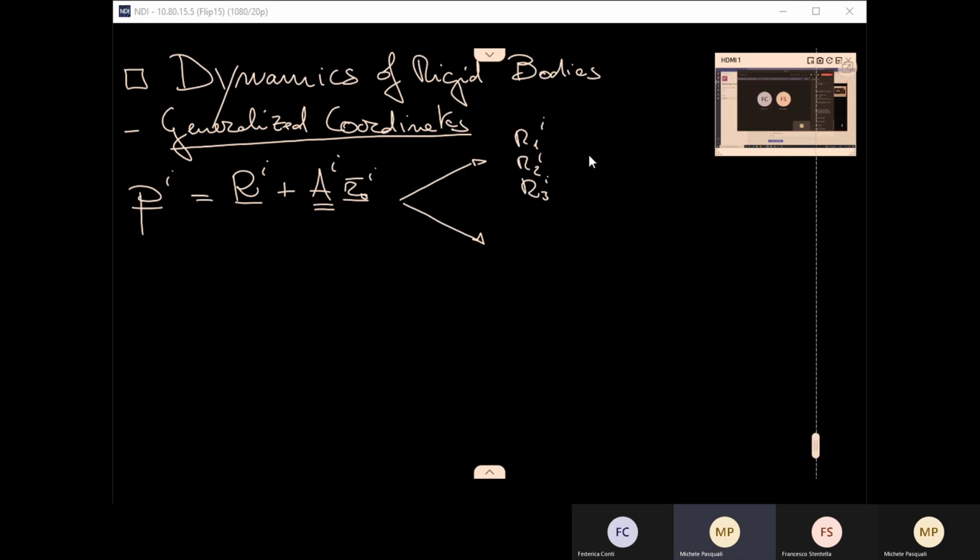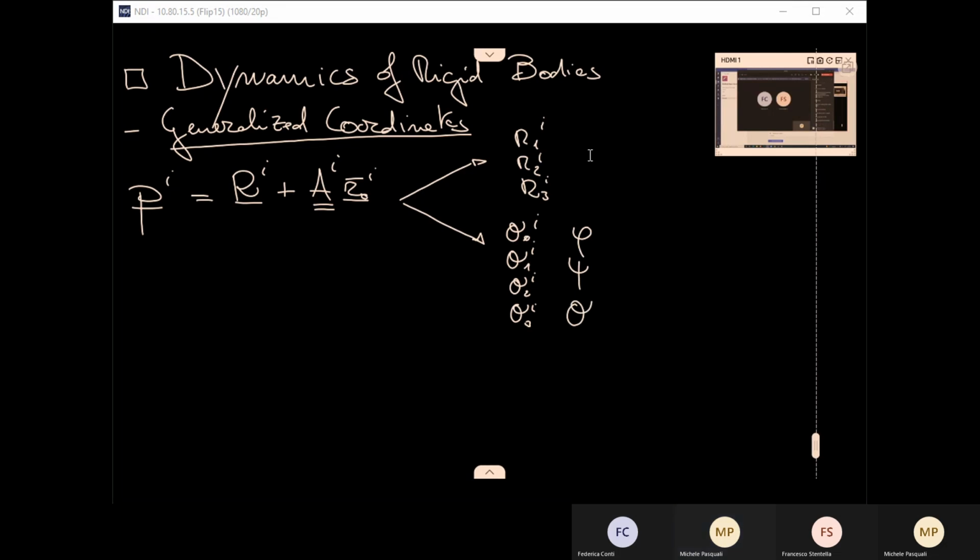And then we have, depending on the parameterization, either 3 or 4 parameters. For example, we can have theta 0, theta 1, theta 2, and theta 3 if we are dealing with Euler's parameters. On the other hand, we could have, for example, phi, psi, and theta if we are using Euler's angles.